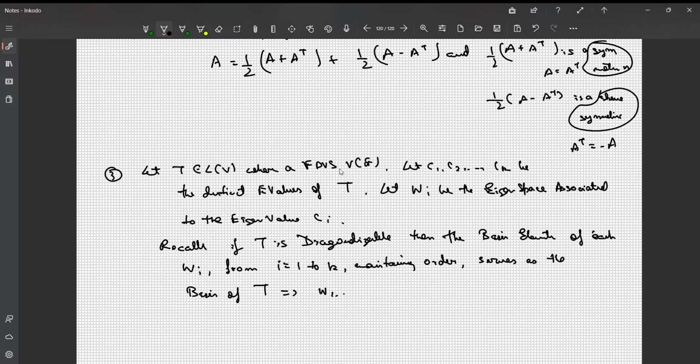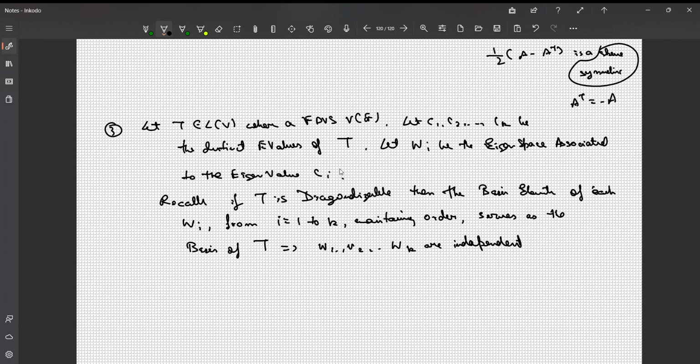So that typically means that W1, W2 till Wk are independent. And since T is diagonalizable, V can be written as W1 plus W2 and so on till Wk, which necessarily implies that V is a direct sum of these subspaces. Clear? Okay.